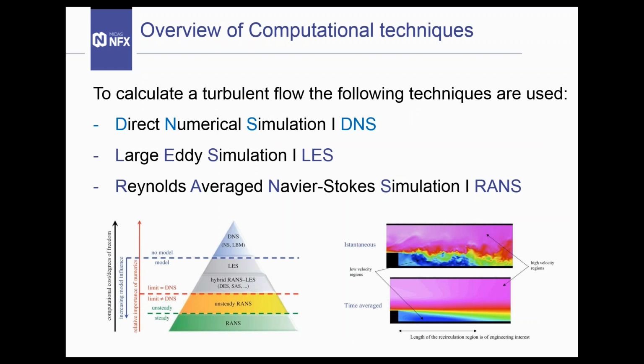So I would like to start with a quick overview of the computational techniques which are widely used for the calculation of CFD problems, actually for turbulent flow. Most of them are known, and the basic technique is called direct numerical simulation.